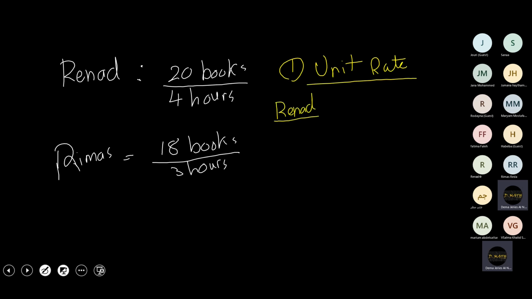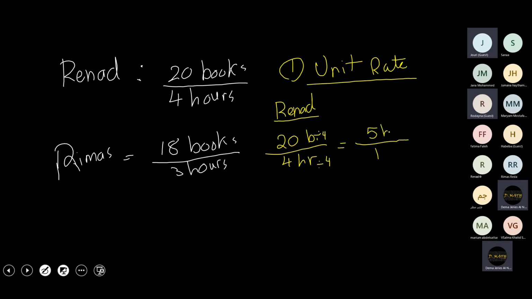I want to write 20 books per 4 hours as a unit rate. Where is the denominator here? 4. So I will divide by 4. 20 divided by 4 is 5. So that means Renard read 5 books per 1 hour.